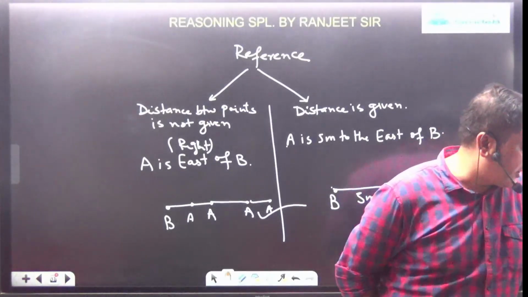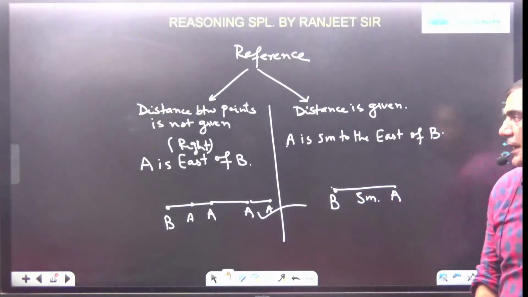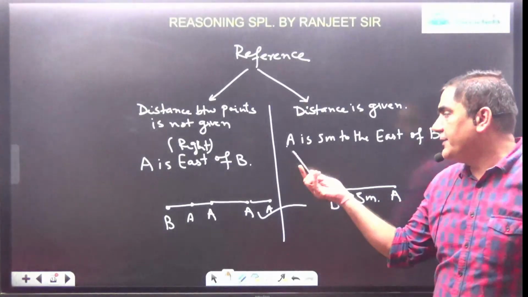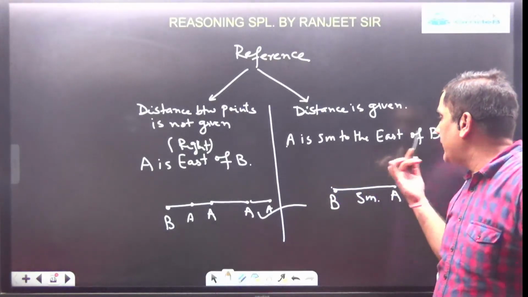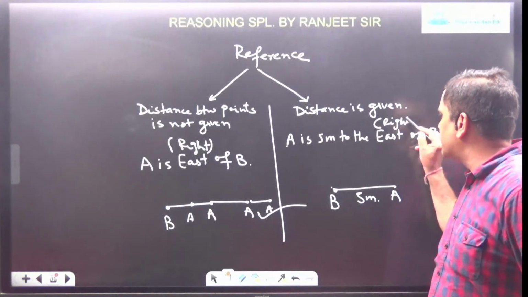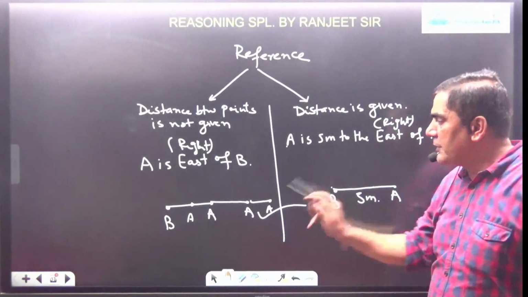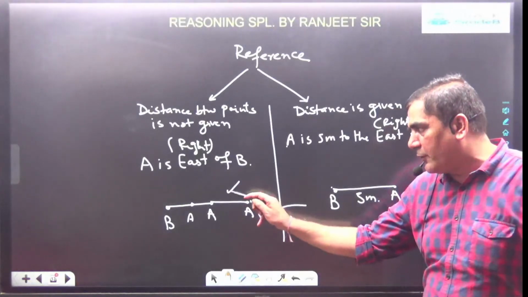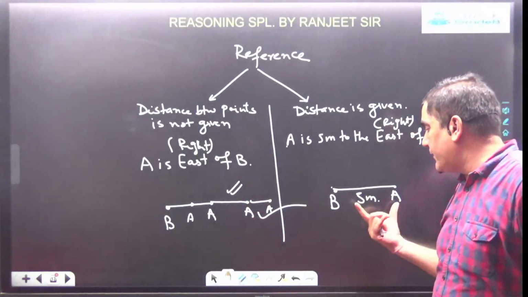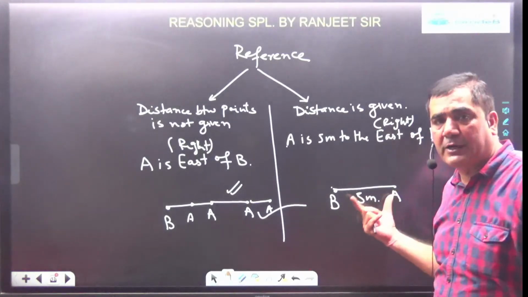At least respond. Clear or not clear? Repeat the last one? Okay. See, here I am saying they are saying A is 5 meter to the east of B. East means right. So I will say A is to the right of B, but now the freedom is not there, because they have given the distance between B and A as 5 meter only.